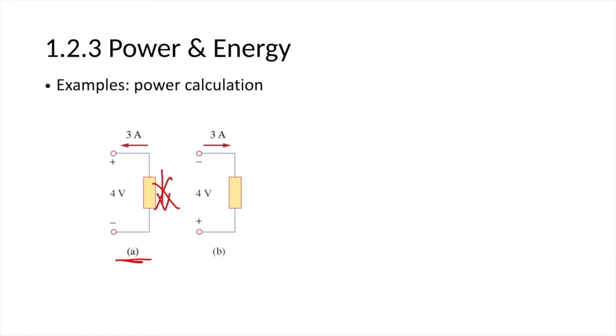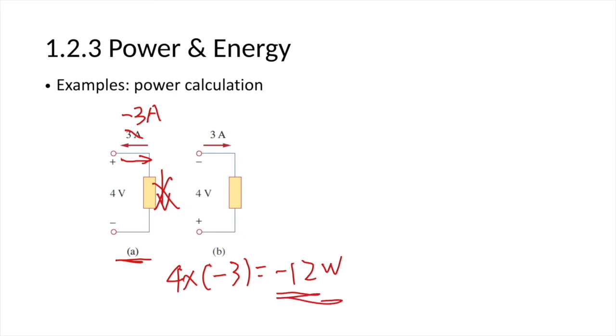So we reverse the direction of the current: from right to left, we make it left to right. And the 3 ampere becomes negative 3 ampere. So the power absorbed by the element equals 4 times negative 3 equals negative 12 watts. It's negative, so the element is not absorbing power, it is supplying power.